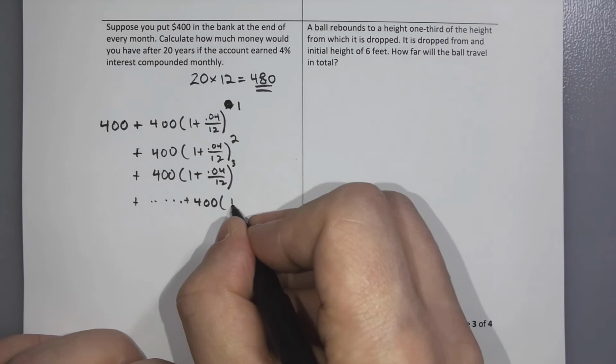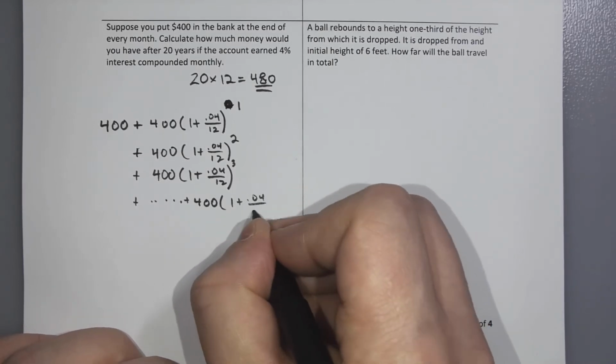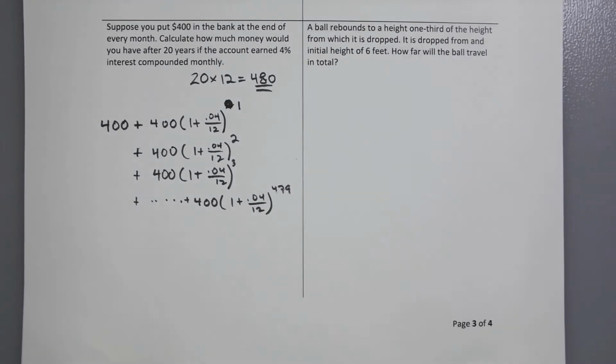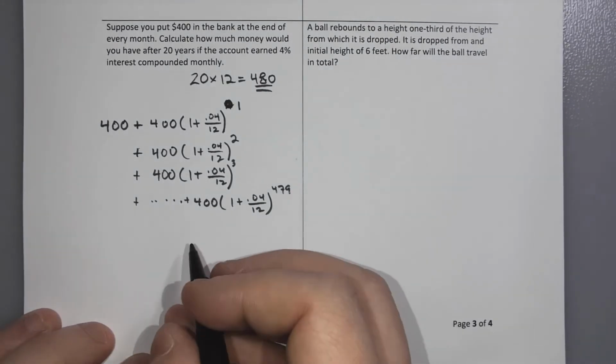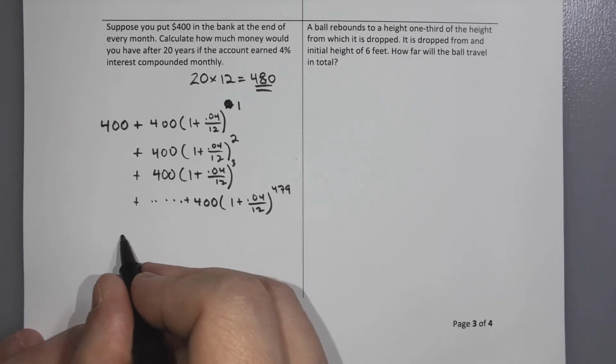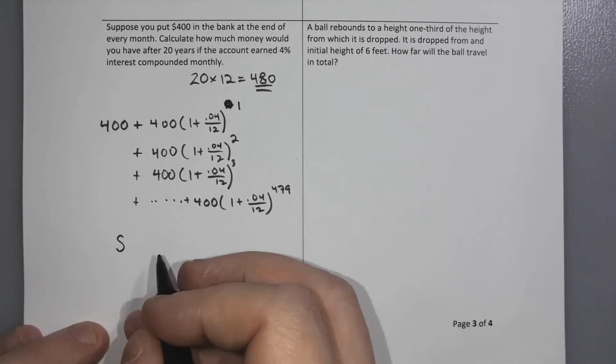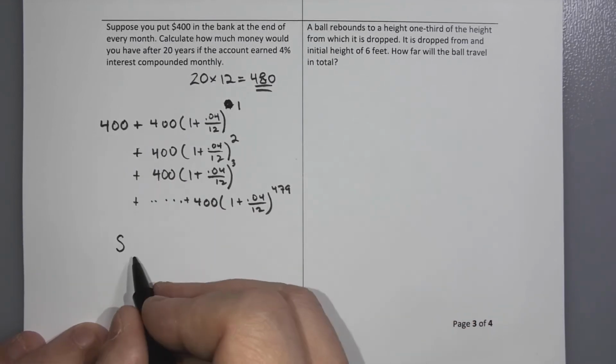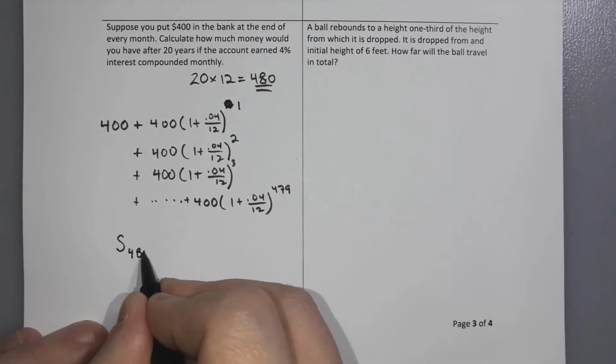So this one's going to be 1 plus 0.04 over 12 to the power of 479. Notice this is a finite geometric series. So what do we get as our final total at the end? S of 480 deposits here.